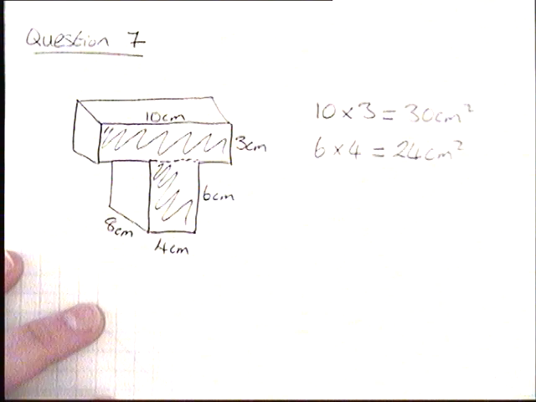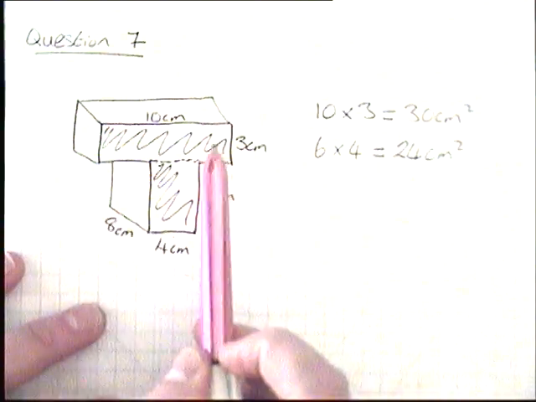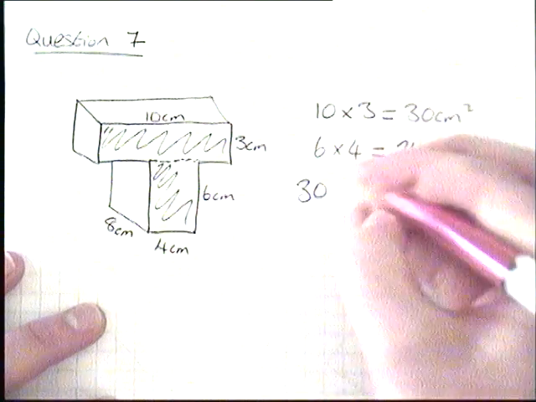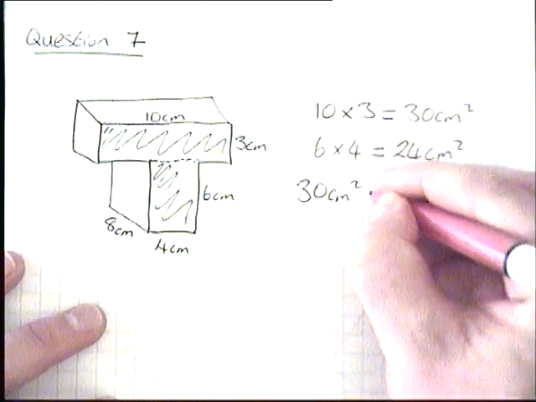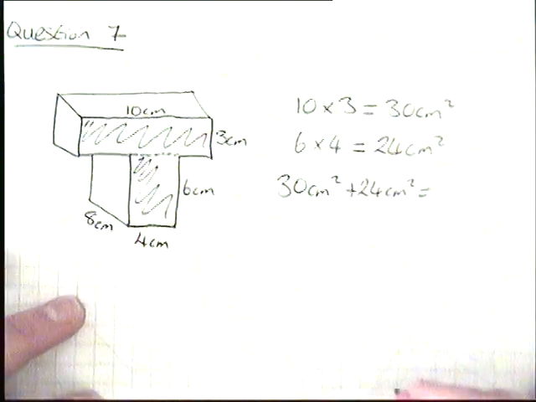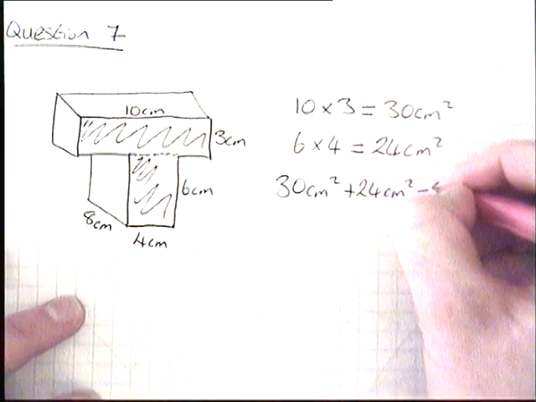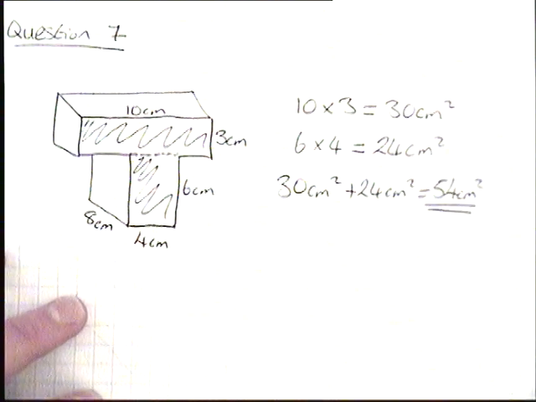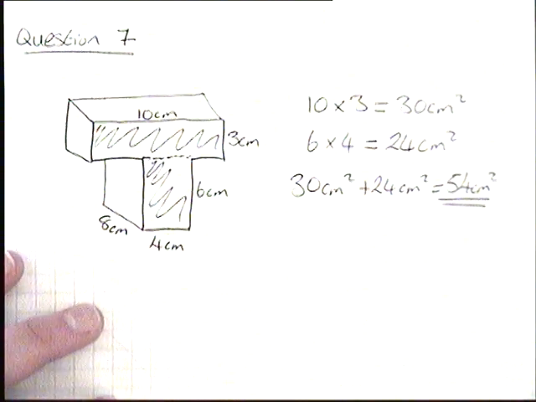We're then going to add the area of those two rectangles together, and that's going to give us the area of our whole T shape. So we've got 30 centimeters squared plus 24 centimeters squared, leaving us with 54 centimeters squared. So that's the area of our cross section.